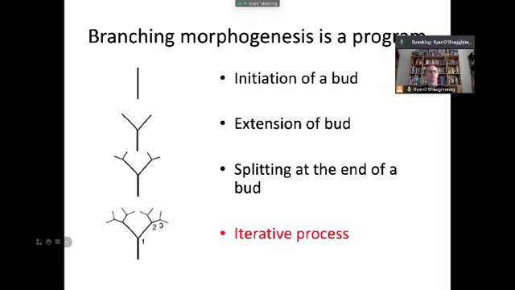And so of course this can be an iterative process, by which I mean we can have initiation of a bud, extension of a bud, splitting of a bud, but then we get extension again of a bud and splitting of a bud. And this increases the surface area, increases the complexity of the structure. And the way this is iterative, we can get highly detailed, highly complex branch structures within a certain space.